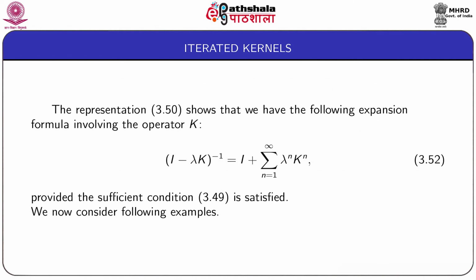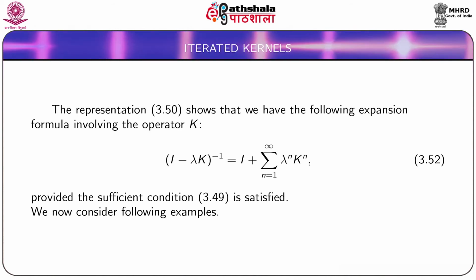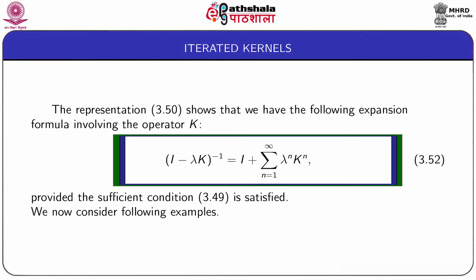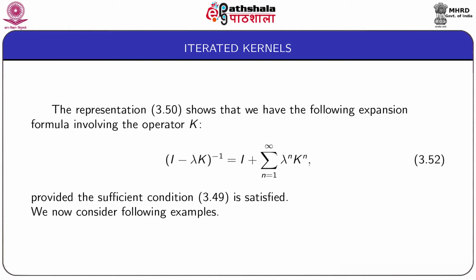This shows that we have the following expansion formula involving the operator K: I minus lambda capital K inverse equal to I plus summation n equal to 1 to infinity lambda to the power n capital K to the n, as given by equation 3.52, provided the sufficient condition on lambda, that is 3.49, is satisfied.